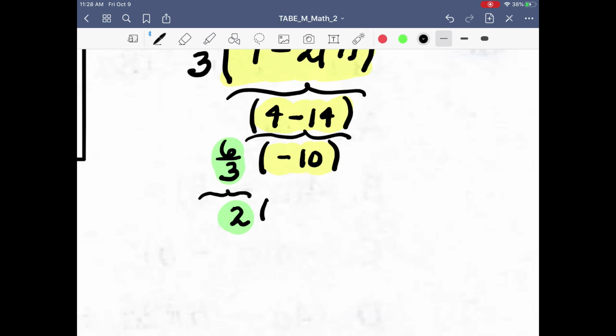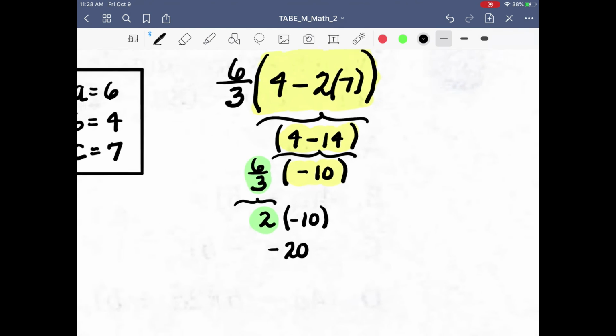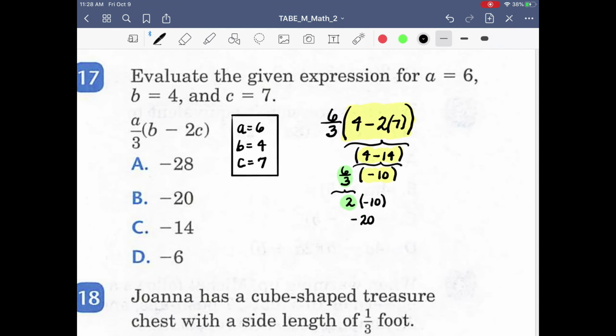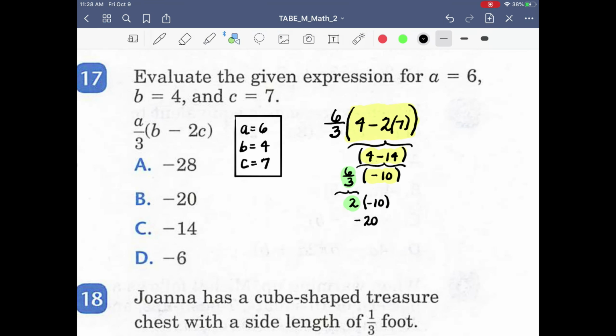And 2 times negative 10, use your calculator, is negative 20. So when you work all that mess out, negative 20 is the final simplified form. Use the calculator however you want to.